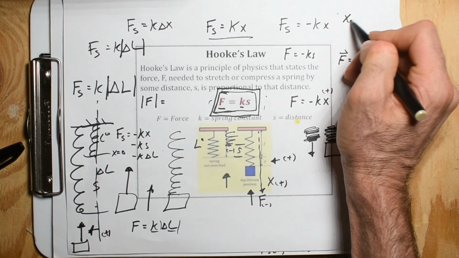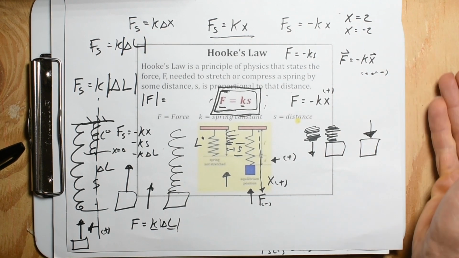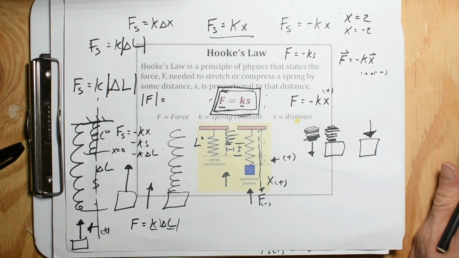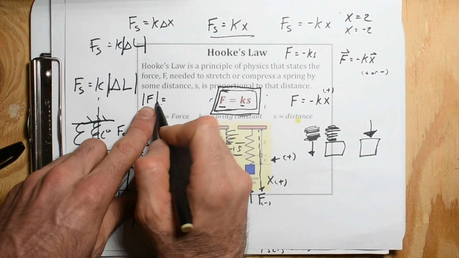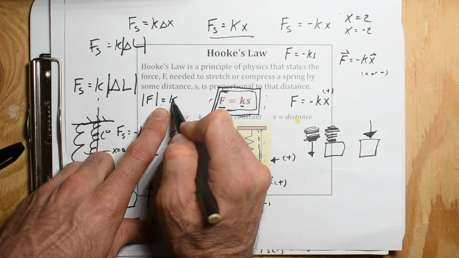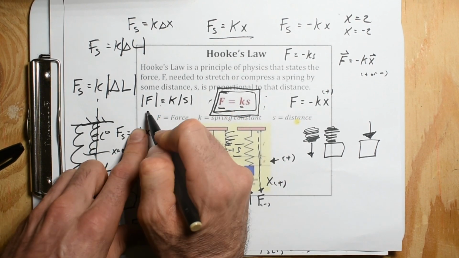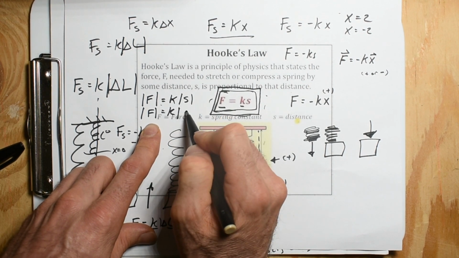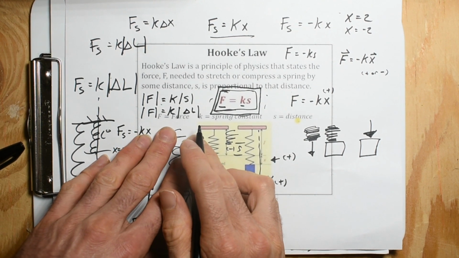You can't just say x is 2 because it might be x is equal to negative 2. Alright, so that does it. So the magnitude of a force could be equal to k times the absolute value of x. Or the magnitude of the force is equal to k times the absolute value of the change in length.